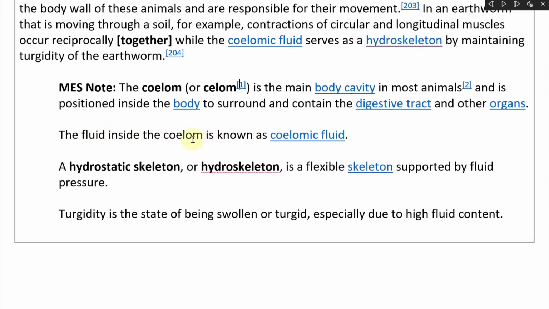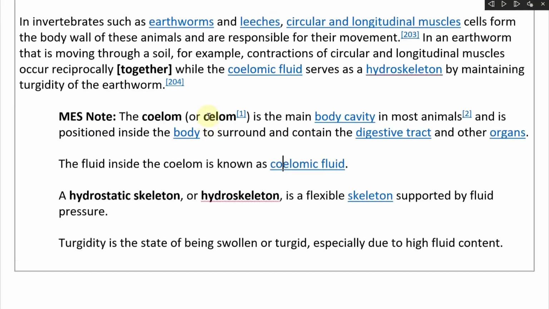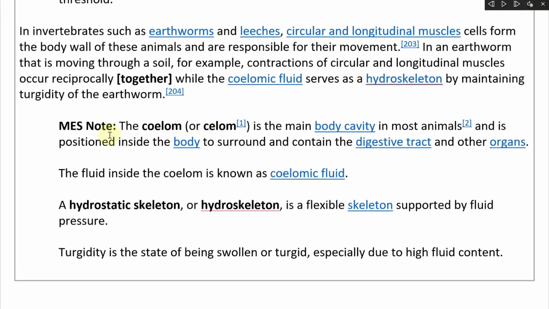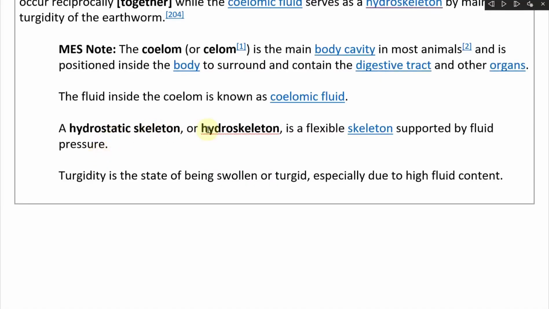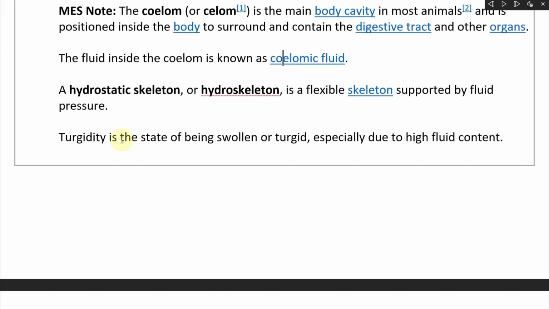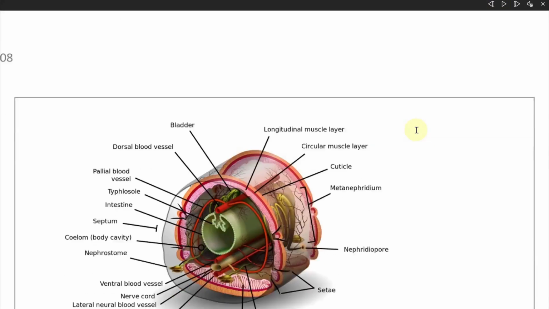And the fluid inside the coelom is known as coelomic fluid. That's the fluid inside there. It serves as a hydroskeleton. A hydrostatic skeleton, or hydroskeleton, is a flexible skeleton supported by fluid pressure. And turgidity is a state of being swollen or turgid, especially due to high fluid content.